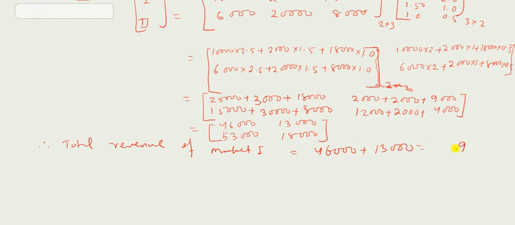Then this is 59,000 rupees, and total revenue of market 2 should be 53,000 plus 18,000, that will be 71,000, right? So 53,000 plus 18,000 is equal to 71,000.